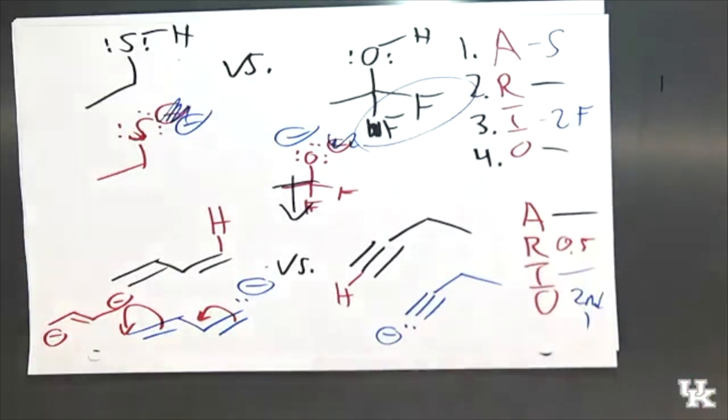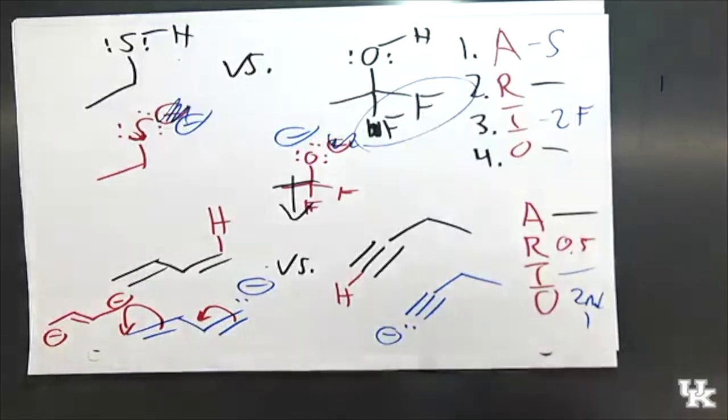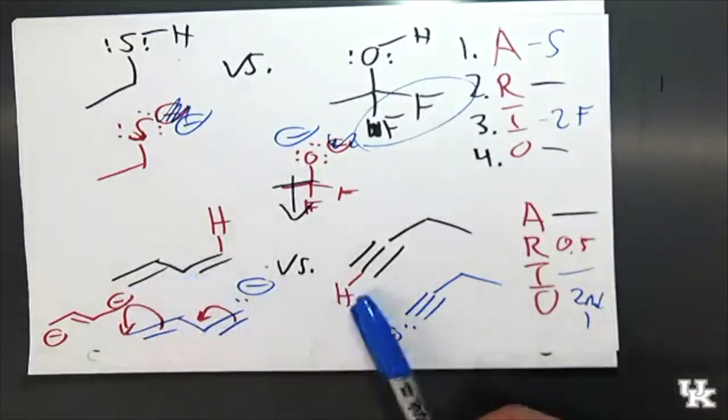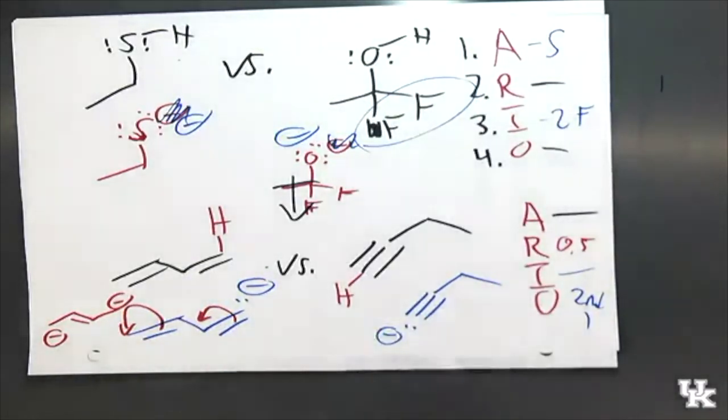But because ARIO has everything prioritized such that even a half a point for resonance means so much more than a full point for O, you could say that the conjugate base of the butadiene is more stable than for butyne. Is that right? Do you believe that?